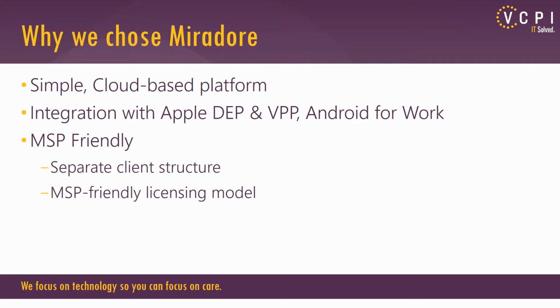That can be fine for organizations that have a strict company-provided mobile device scenario, but not really so much with a BYOD situation. Miradore did an excellent job with first implementing the DEP and VPP integration, and followed up with Android for Work as well.